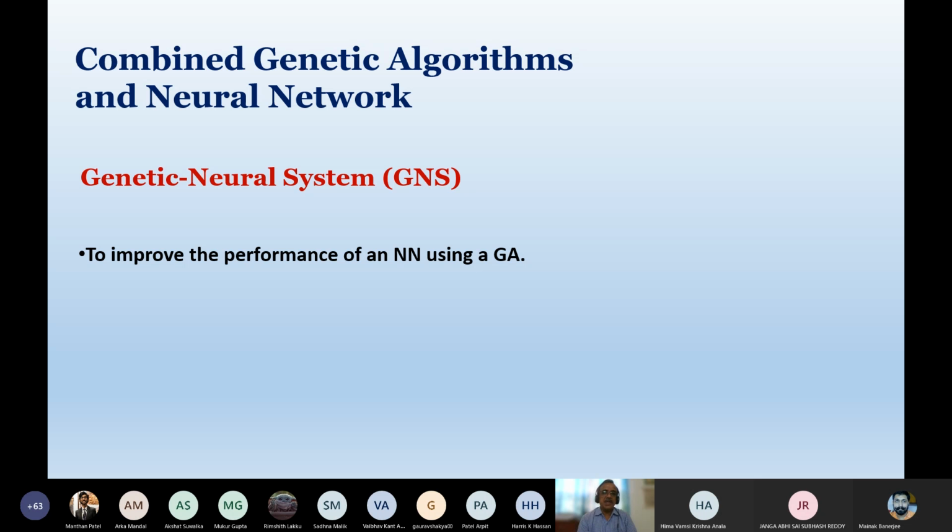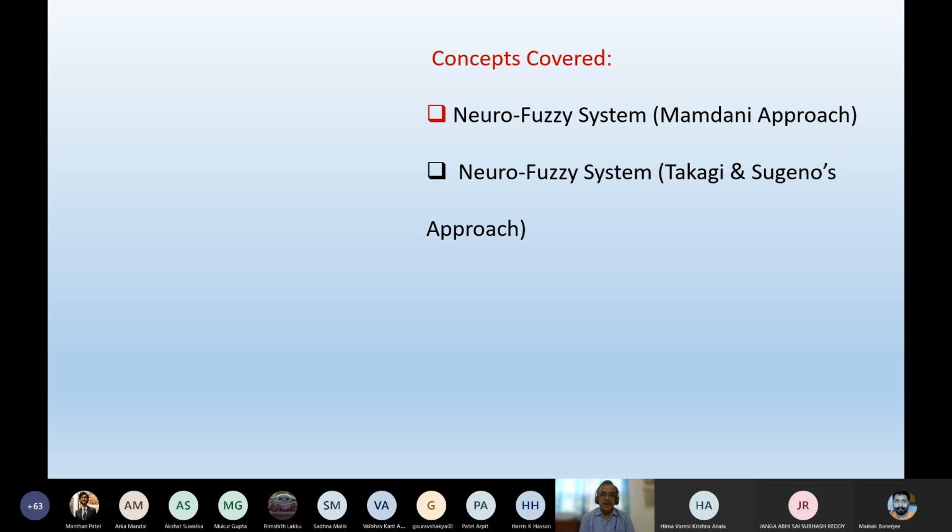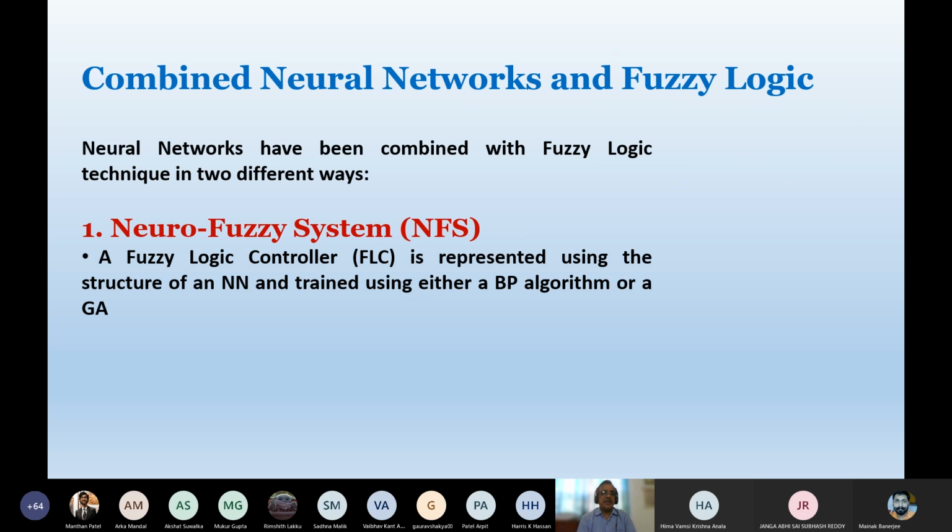Now, if you see the literature, the neuro-fuzzy system has been designed and developed both for the Mamdani approach as well as for the Takagi and Sugeno approach, which we have already discussed. Before I go into the neuro-fuzzy system in detail, let me share one piece of knowledge regarding the combined techniques of neural networks and fuzzy logic.